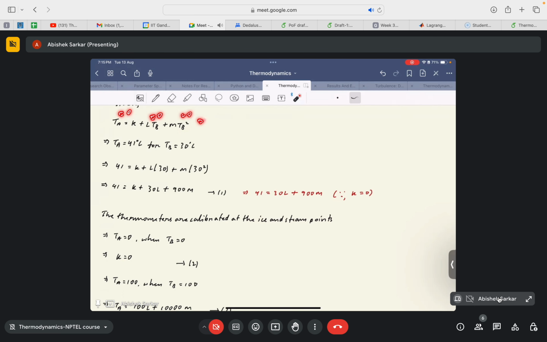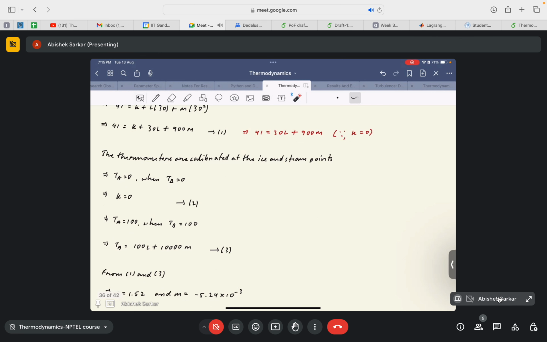Similarly, TA is equal to 100 degrees Celsius when TB is equal to 100 degrees Celsius, because thermometers are calibrated at the ice as well as the steam points. So 100 is equal to 100L plus 10,000M. That is equation number 3.